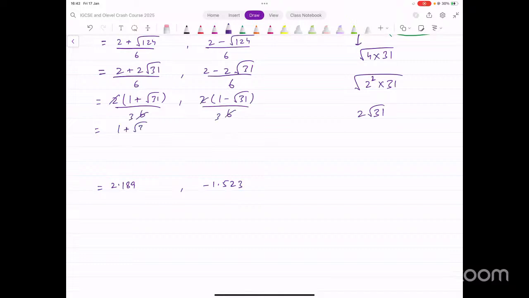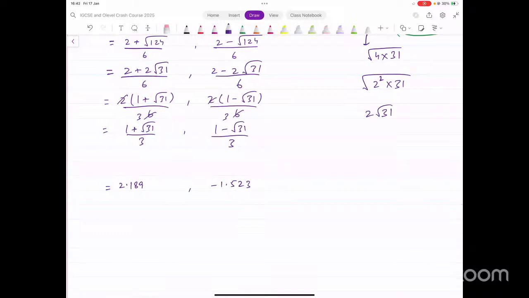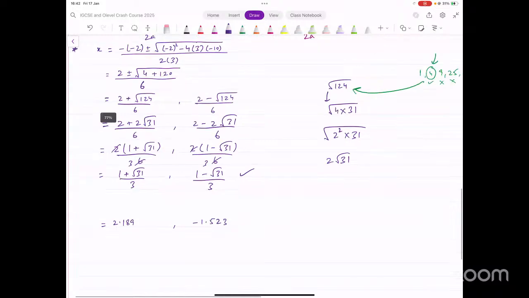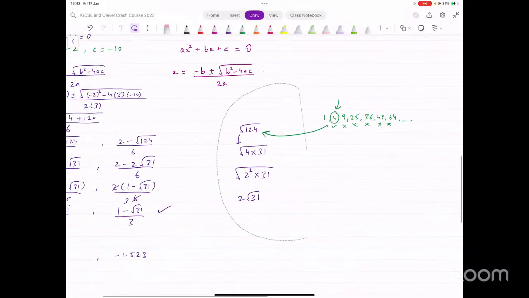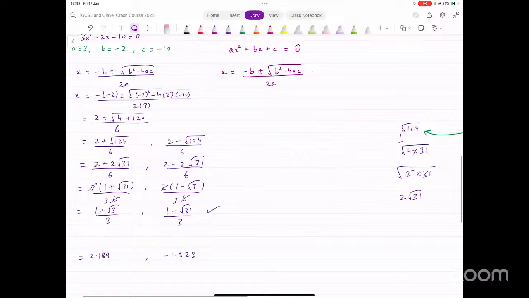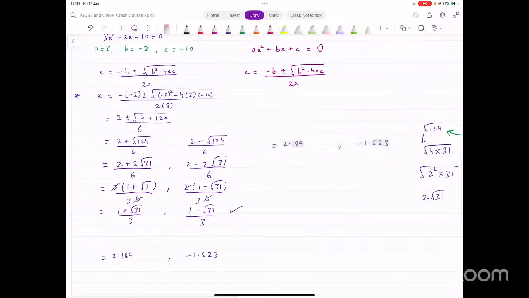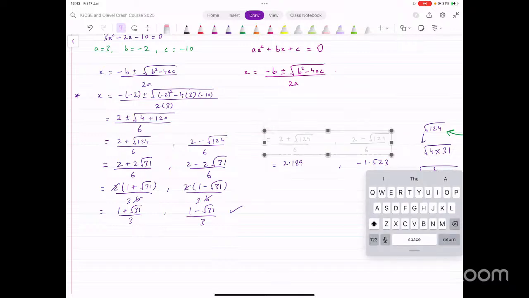1 plus square root of 31 divided by 3 and 1 minus square root of 31 divided by 3. And in case they want you to give your answers in surd form, you would write it like this. And if they want you to give your answer in decimals, in that case, you would stop at this point and won't do any further simplification.